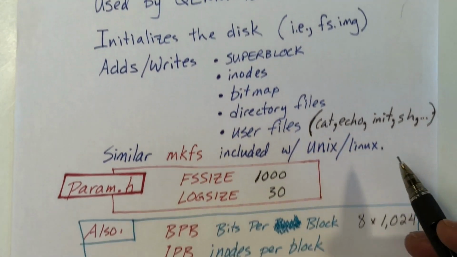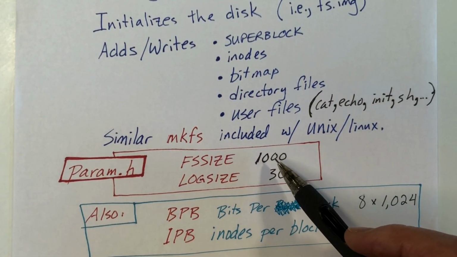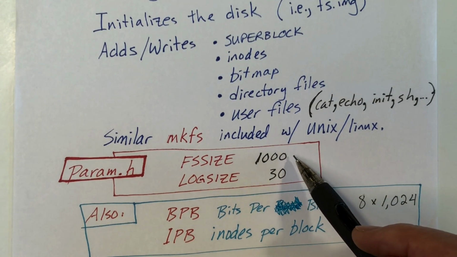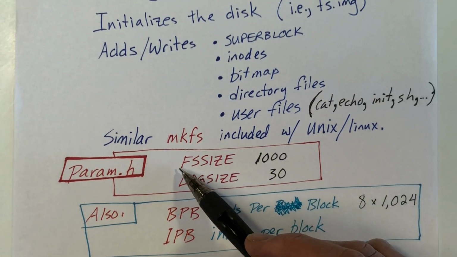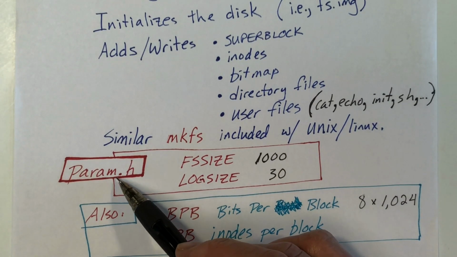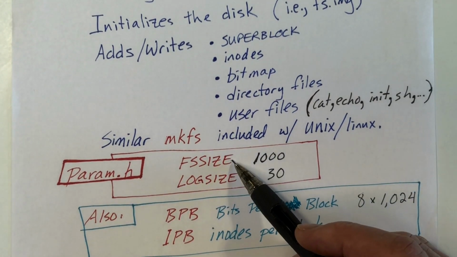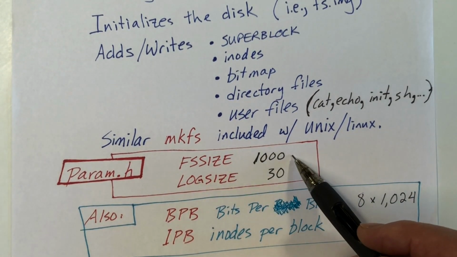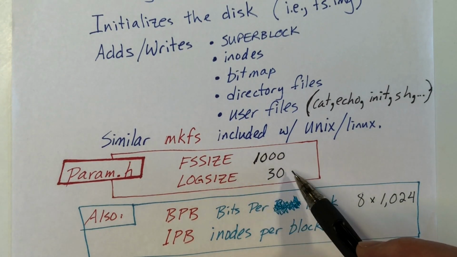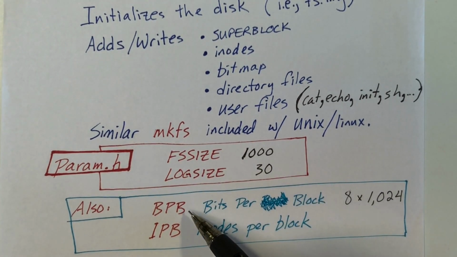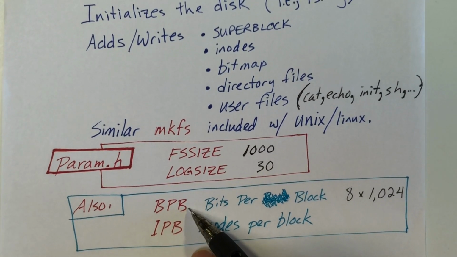But in any case, the mkfs program that we are looking at here in xv6 will make use of some parameters. We'll go to the file param.h and get things like the file system size, that's the number of blocks to create in the file system, as well as the number of blocks to add to the log. And we also have a number of predefined parameters or macros and constants.